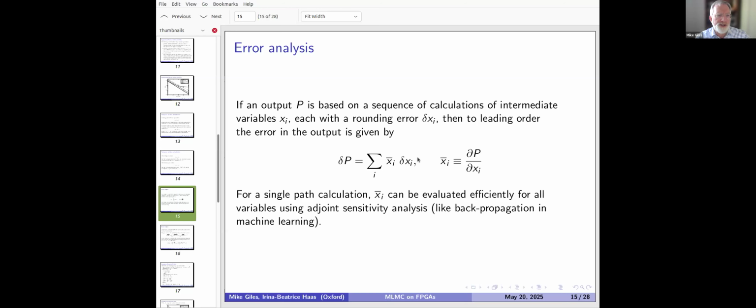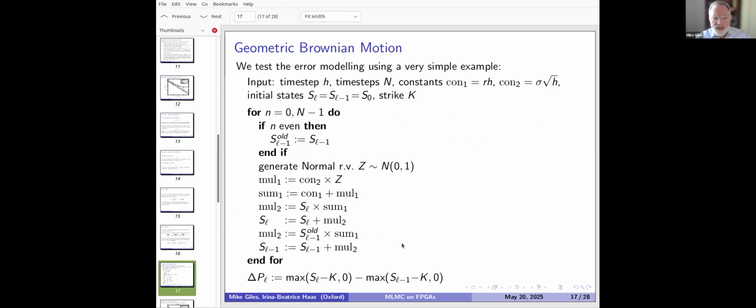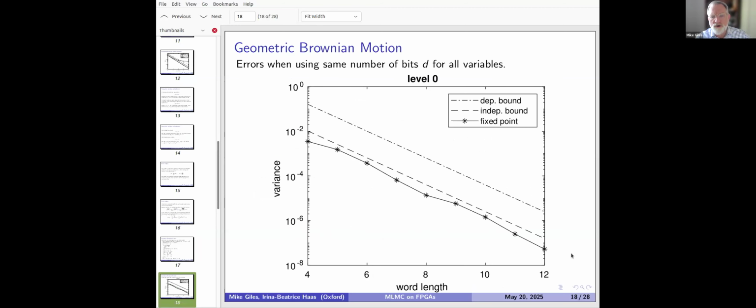But our experience has been that doing this linearized analysis and then modeling the errors as statistically independent is actually a good model for the way things behave in practice. So although you can't rigorously justify it, it is in practice a more accurate model that is therefore more meaningful in terms of designing an optimization for the bit sizes.